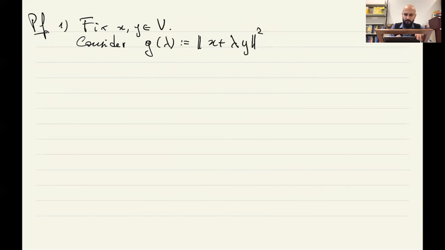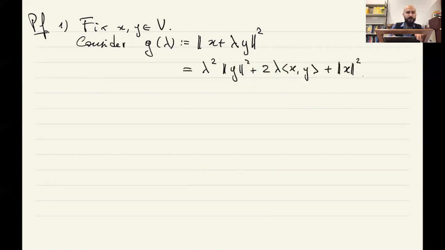We can actually write this using the bilinearity of the scalar product. This is equal to lambda squared norm squared of y plus twice lambda times the scalar product of x and y, I forgot the lambda here, plus norm of x squared.